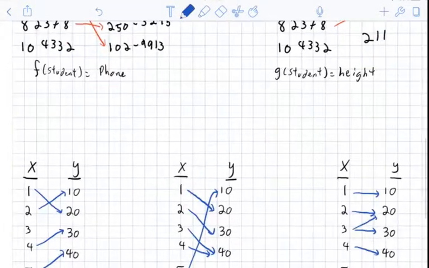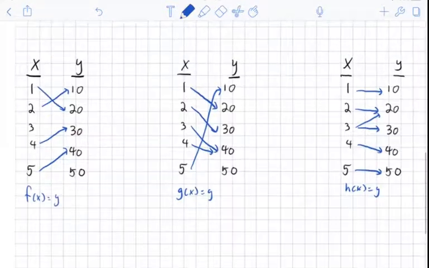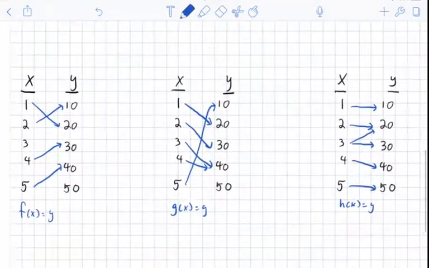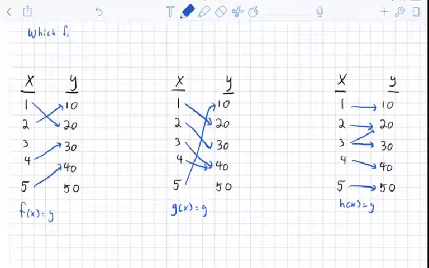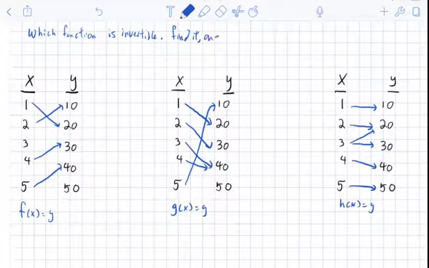So in this next exercise, which function is invertible? Find it and write out its inverse.